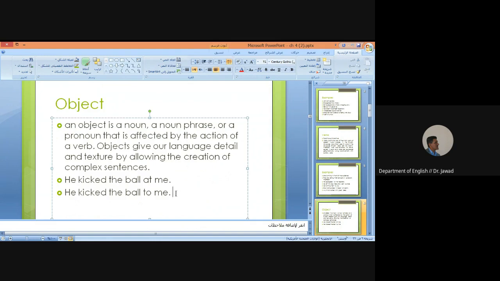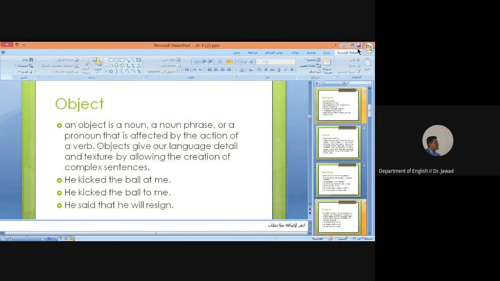I'm going to add a third one in order to explain what is meant by the creation of complex sentences by adding details and texture.